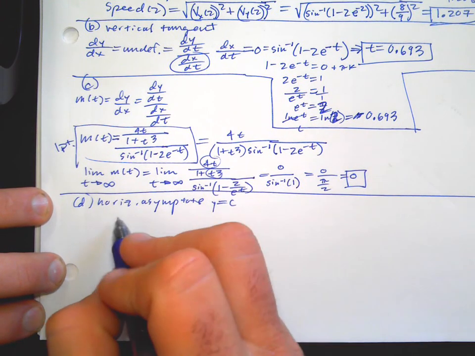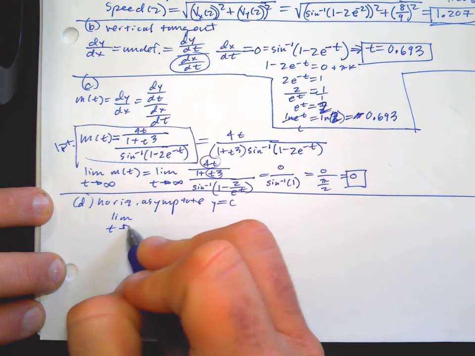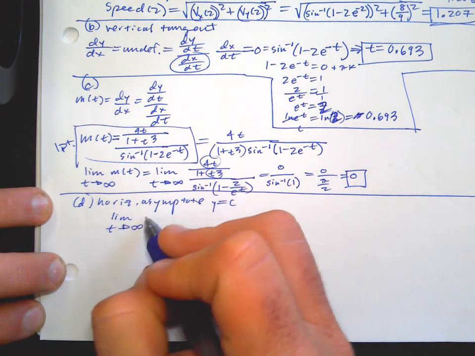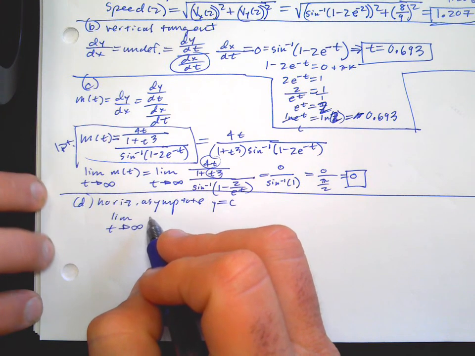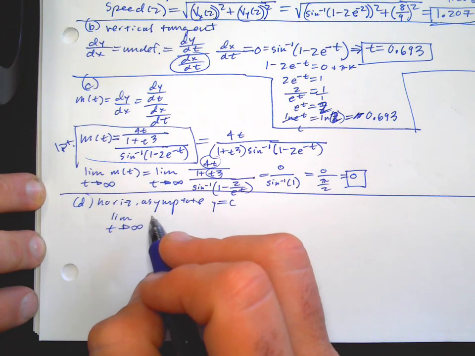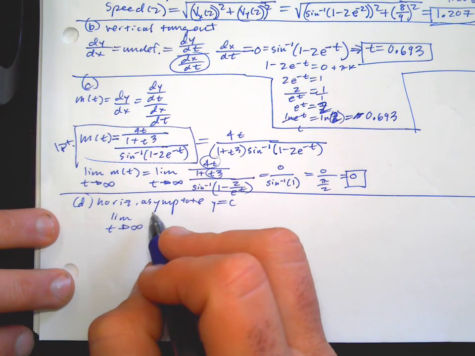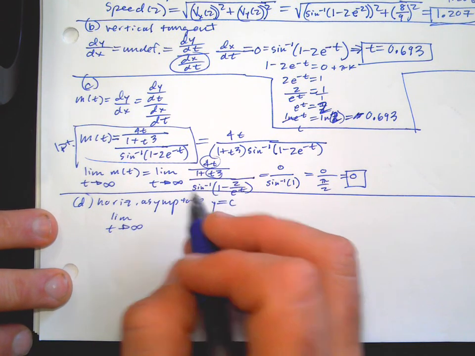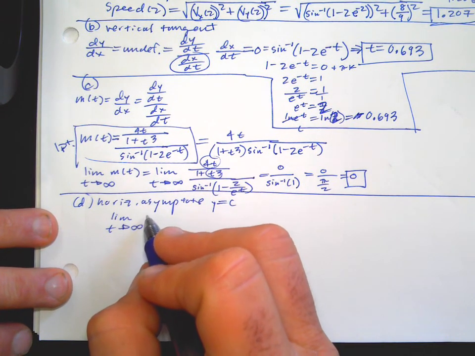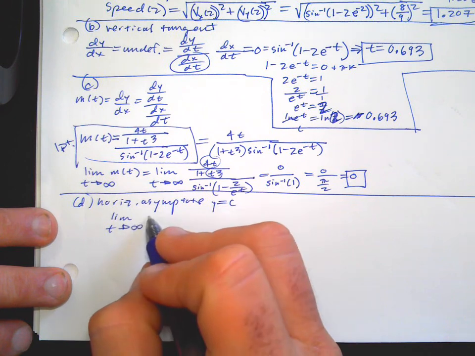So a horizontal asymptote would be when the limit as t goes to infinity, plus or minus, and that would be when the slope goes to 0. The slope should go to 0 as t goes to infinity. Okay.